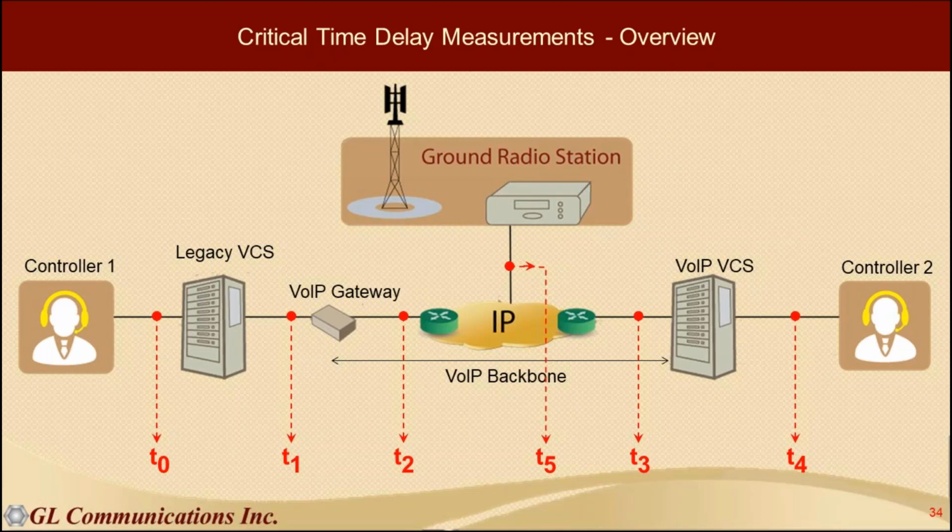Now, at T2, T5, and T3 there, as you're going across, those are obviously IP interfaces within the network. So we have another hardware product we call Packet Analyzer. The Packet Analyzer is a long-standing product here at GL, a small piece of hardware that can allow IP packets to flow through it.